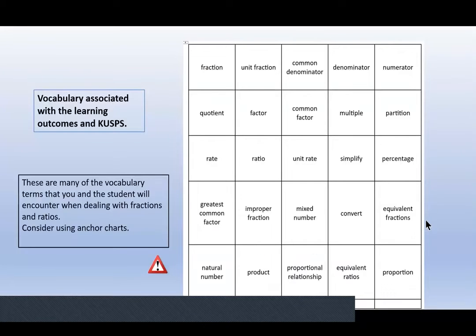Some of the vocabulary, and I'm going to show you some definitions, but I just put this together for you. So dealing with addition and subtraction, and this also deals with 6 and 8, which is looking at proportions. This is just some of the vocabulary that you and the students are going to encounter when you deal with these fractions and ratios. And so then you want to think about, I need to feel comfortable.